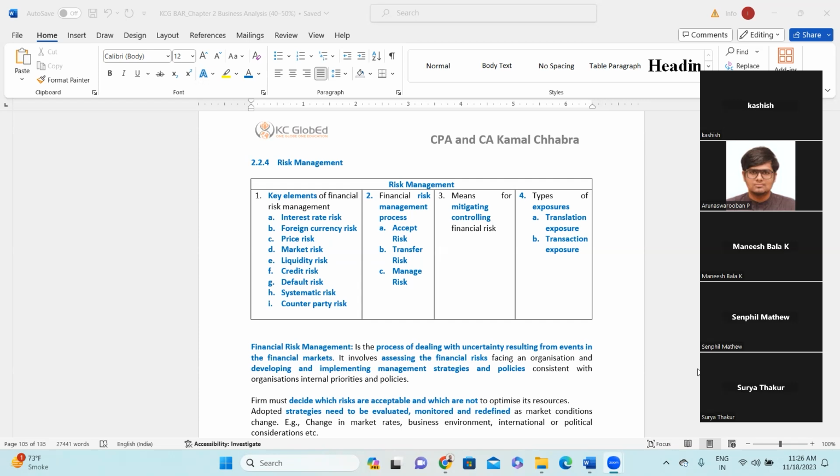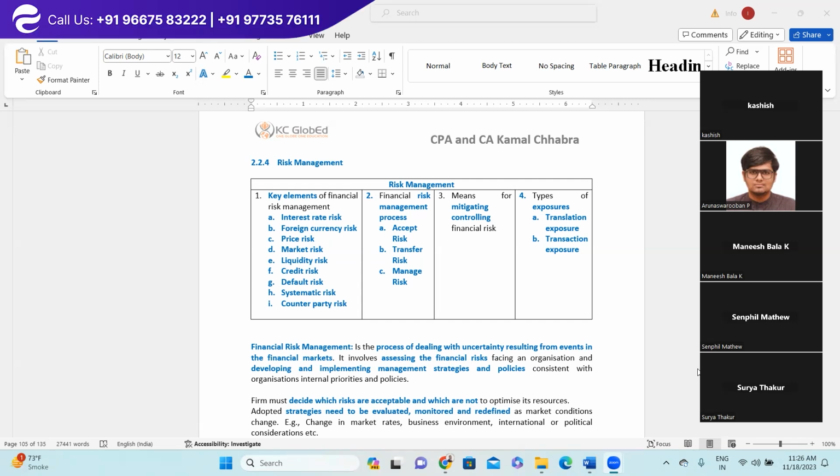But how is that a risk? At different points of time the price will change, right? But how will that be a risk? Yeah. So, for example, you are importing, let's say, petroleum products.